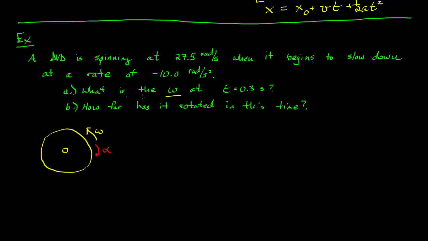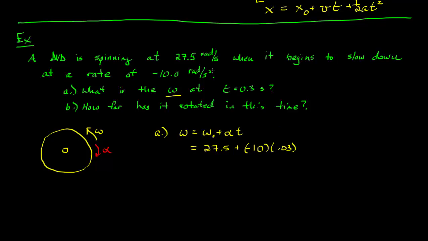All right, so we want to know what's the velocity. Part A: angular velocity is going to be the initial velocity plus the acceleration times time. So this is just a substitution problem. The initial velocity is 27.5 plus the acceleration, -10, times the time, 0.3.